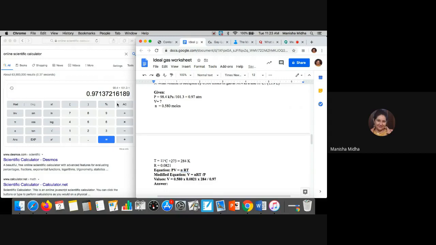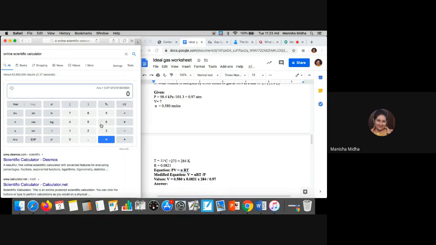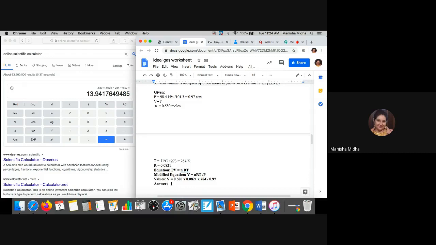I'm going to do this question right next to you in the calculator. 0.580 times 0.0821 times 284 divided by 0.97, and the answer comes out to be 13.94, and a big decimal number.